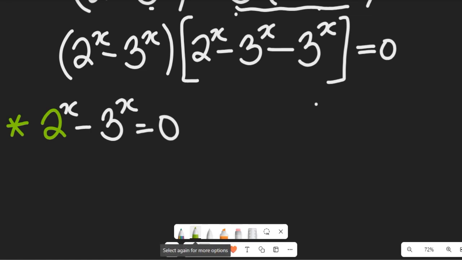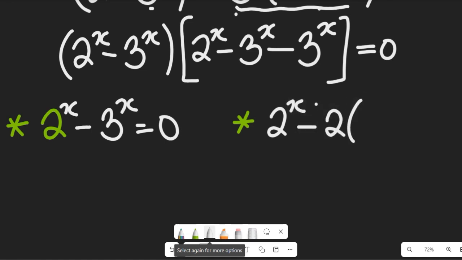And in the second part, you can come to see that 2 to the power of x, this is simply going to give me minus 2 multiplied by 3 to the power of x, right? And this will be equal to 0.